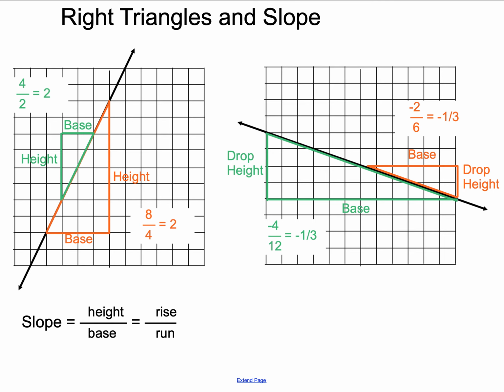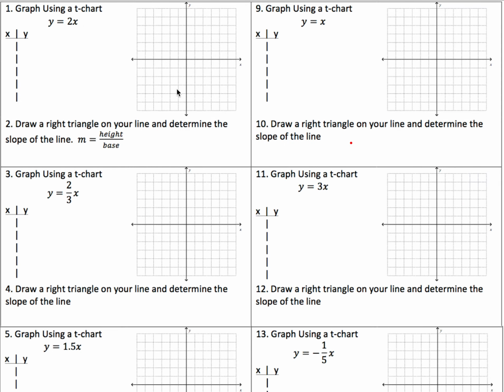In the last lesson we discovered that if we were to graph an equation and check the slope of that line, we would end up getting a slope that is equal to the coefficient of the x term. For example, here, if we graph 2x, we get this line.